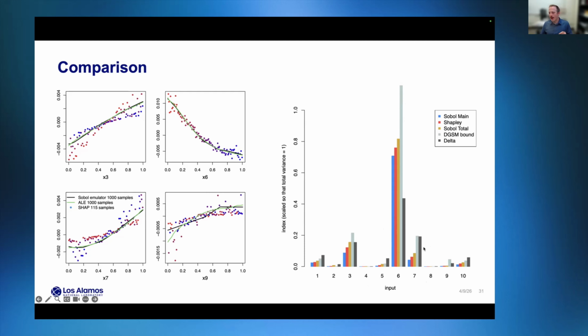We already talked about how the delta approach, like we sometimes get some differences with Sobol. But over here, you also see the Sobol effects in black for 4 different variables here, 3, 6, 7, and 9. And you see there's something called accumulated local effects that we're not going to talk about, but that's another approach to getting effects.